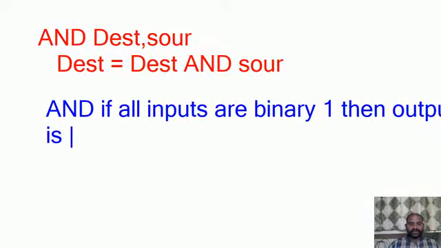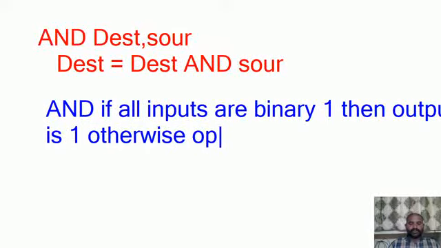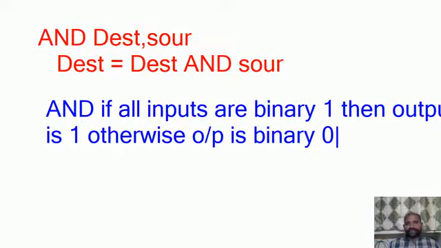then the output is going to be 1, otherwise the output is 0, that is the binary 0. So the AND instruction performs the logical AND operation between the destination and source, and stores the final result in the destination.